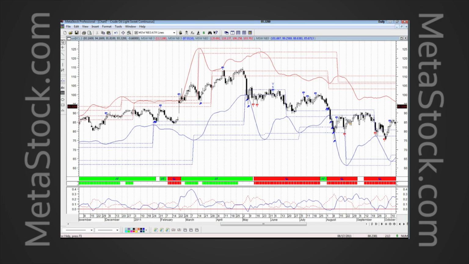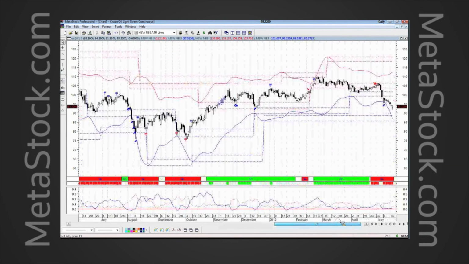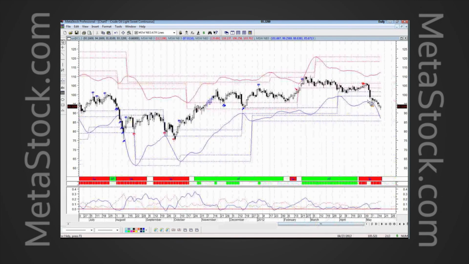So use signals not only when they work, but when they fail, they tell you something. So these are Adeo signals. They work in long configurations as well as short configurations, okay? Here you can see where they're effective. Here you can see where it isn't. Don't know what it was, but some catalyst moved the market higher, as is evidenced by this gapping.